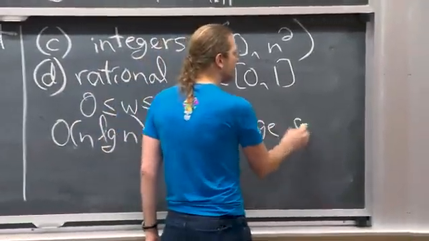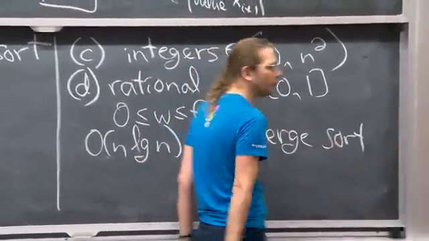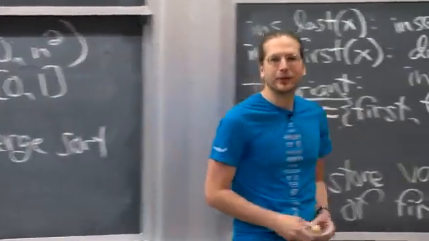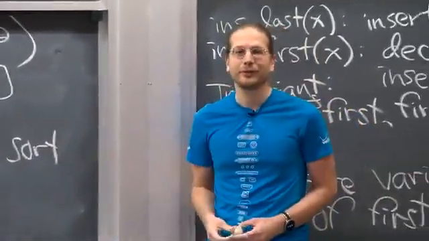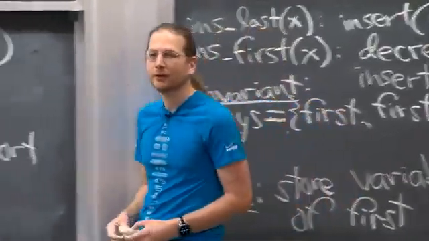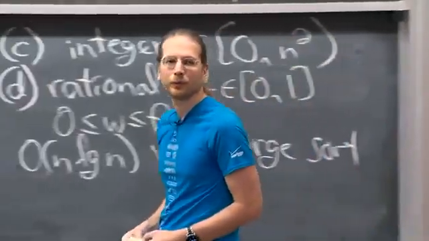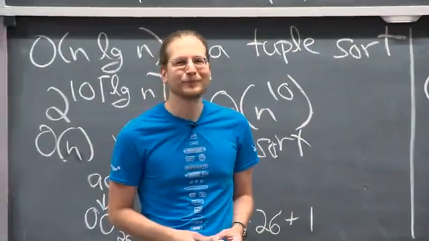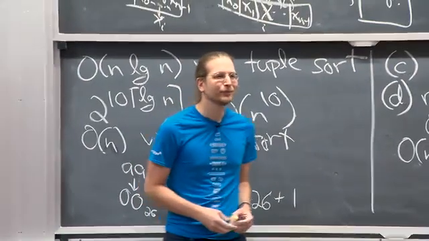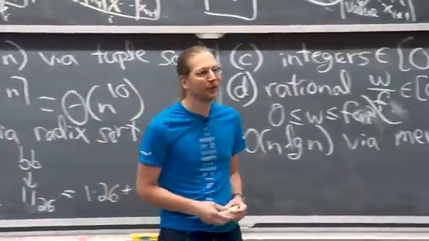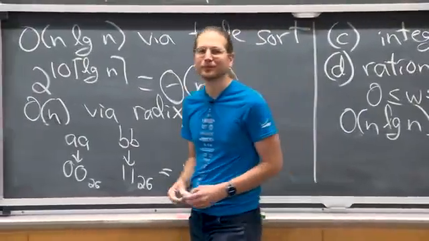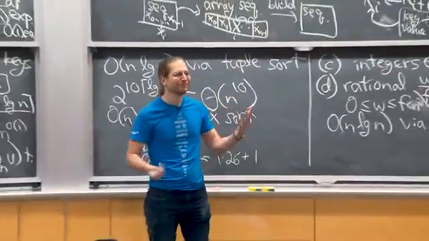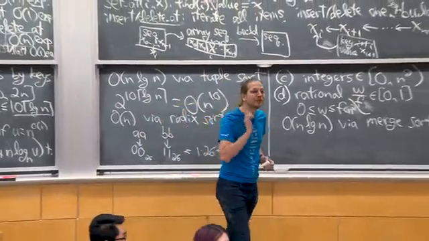What would I need to do in order to apply merge sort to this instance? What does merge sort do to its keys? Sorry?